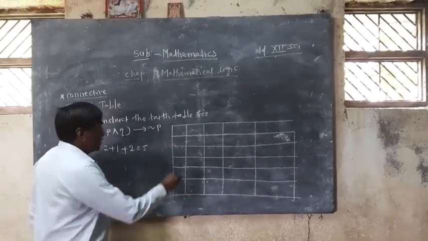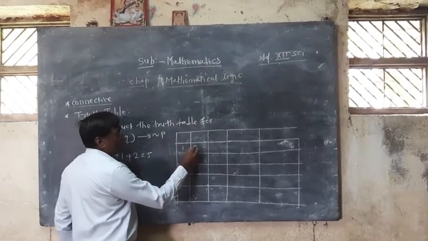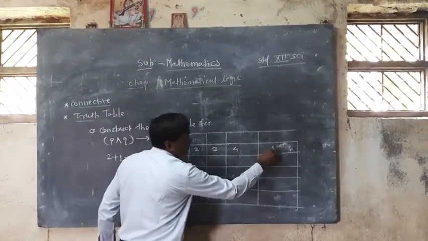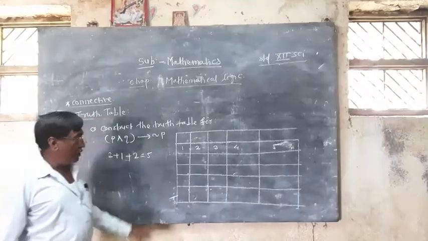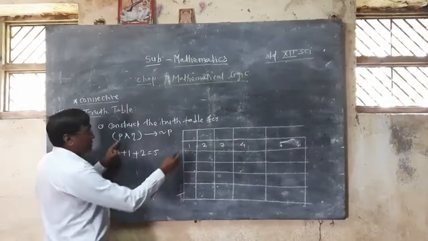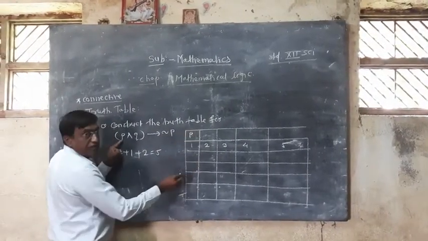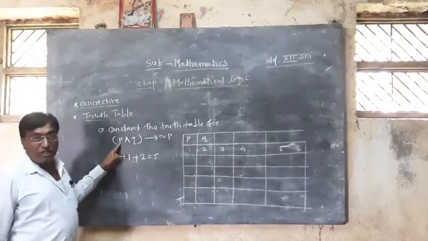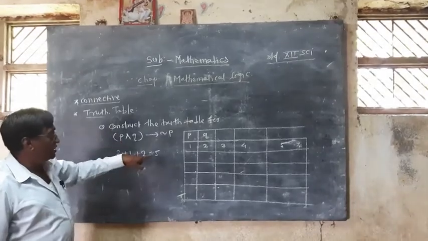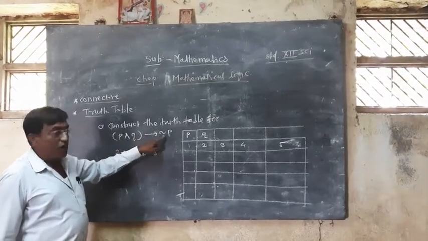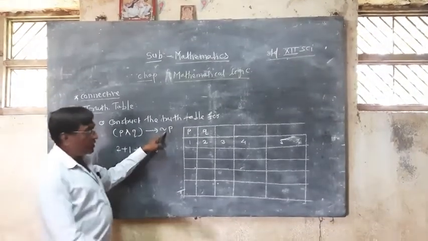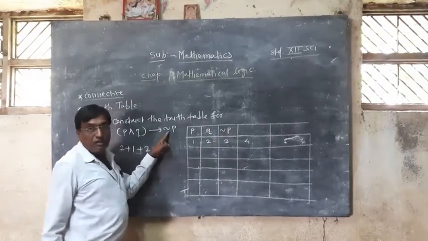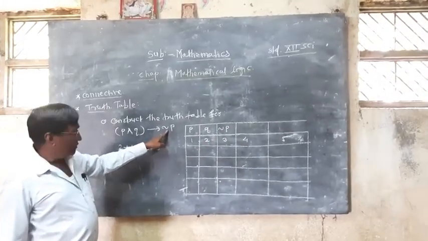Now for naming, this is column number first, column number second, third, fourth, and column number 5. I will use the first column for the first statement, that is P. Next the main statement, that is Q. After the main statements comes the negation statement, negation P, in the third column.